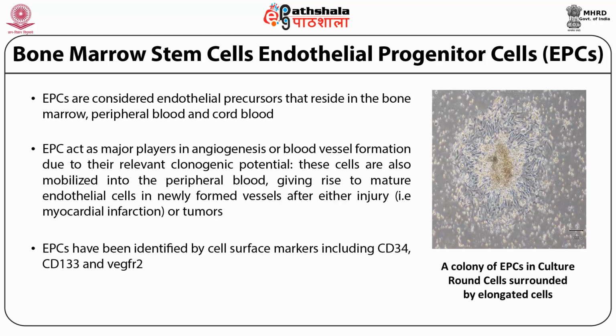And in culture, you can see the EPC colony looks like this, with cells of round shape in the interior and spindle shaped cells in the periphery. So this is a colony of EPCs after 8 to 10 days in culture.